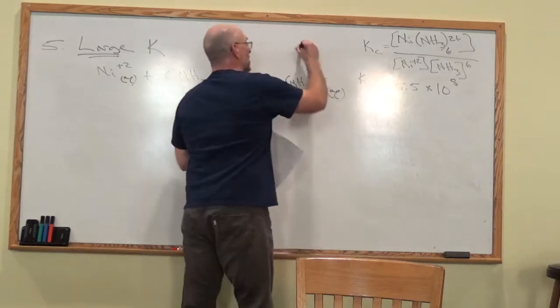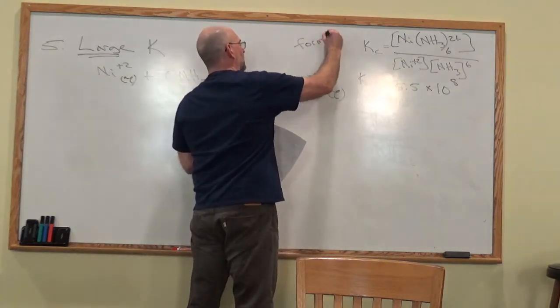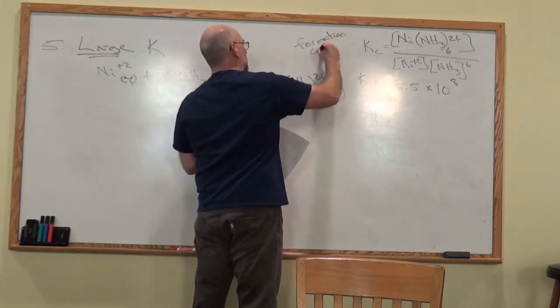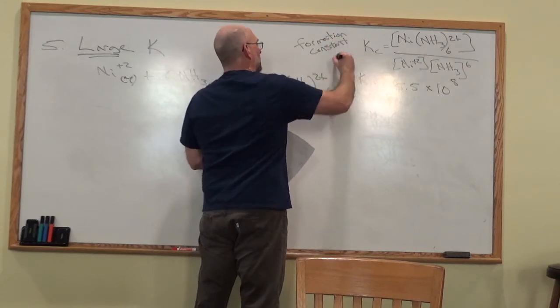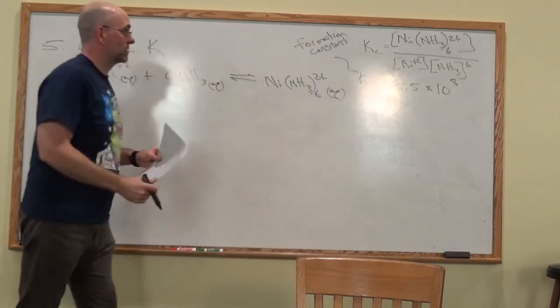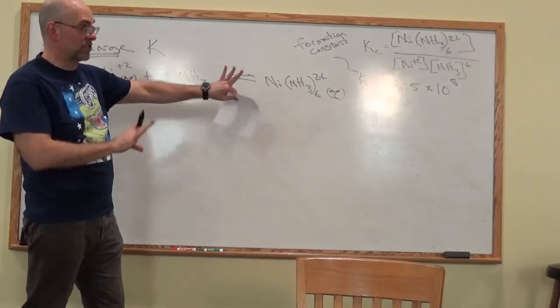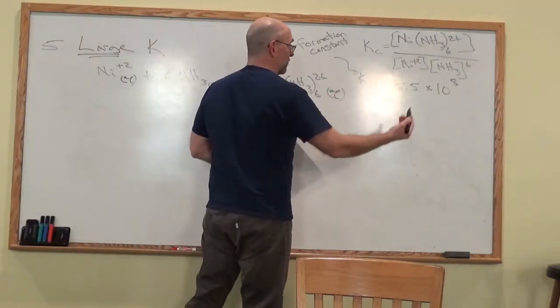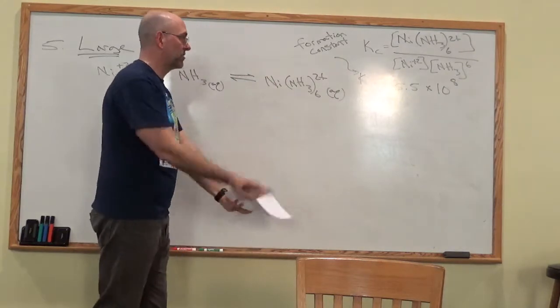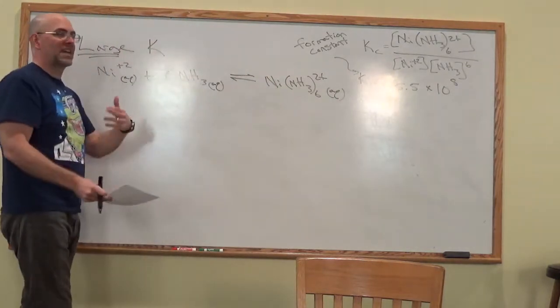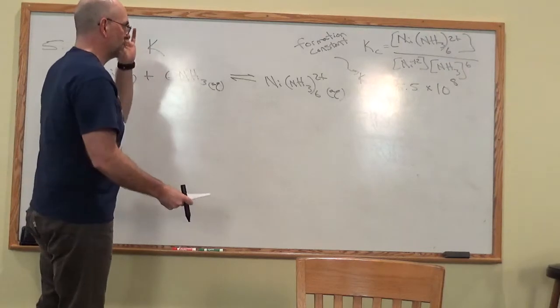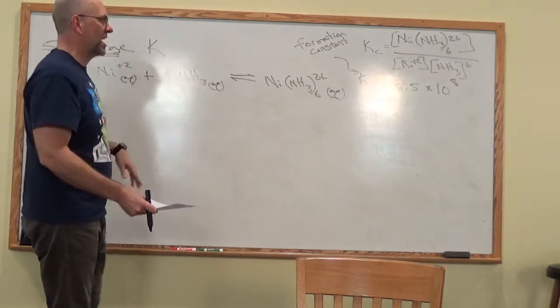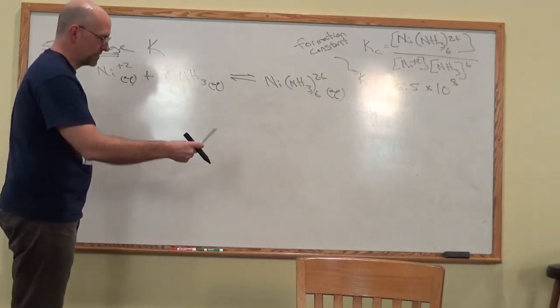For complex ions, this is called a formation constant. It's the same thing. Kc is just generic for using concentration. For an ion, it's called a formation constant, a formation constant for the complex ion. Some tables that you may look up later in the semester may have Kfs. Okay, so that's really big.